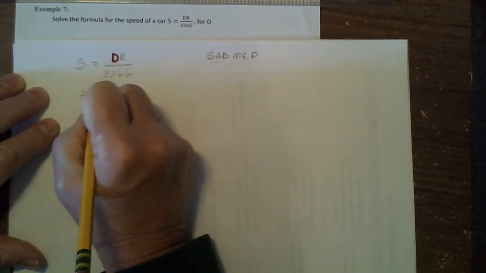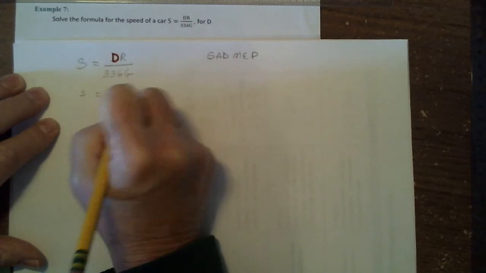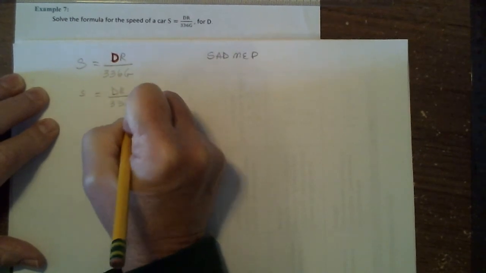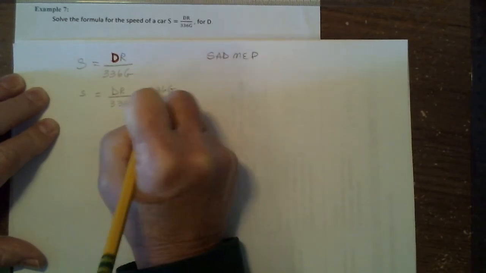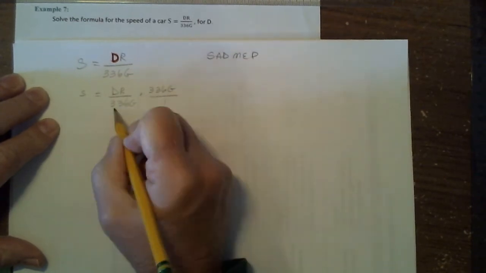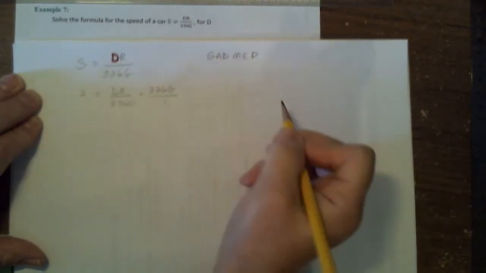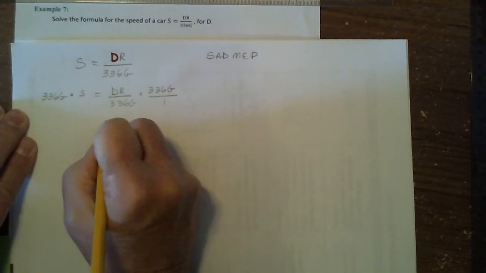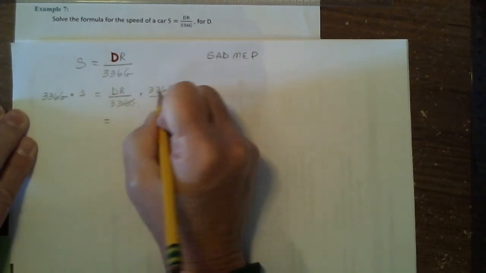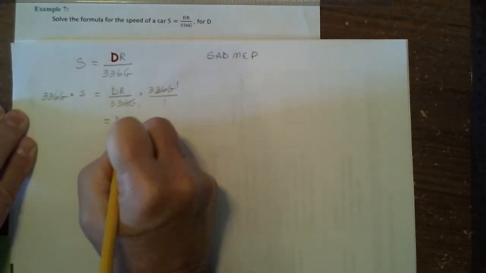So it's going to be times 336G. Make him look like a fraction. That's going to wipe out that whole denominator. And what I do on the right, I have to do on the left. 336G. And these guys go, leaving me with dr.